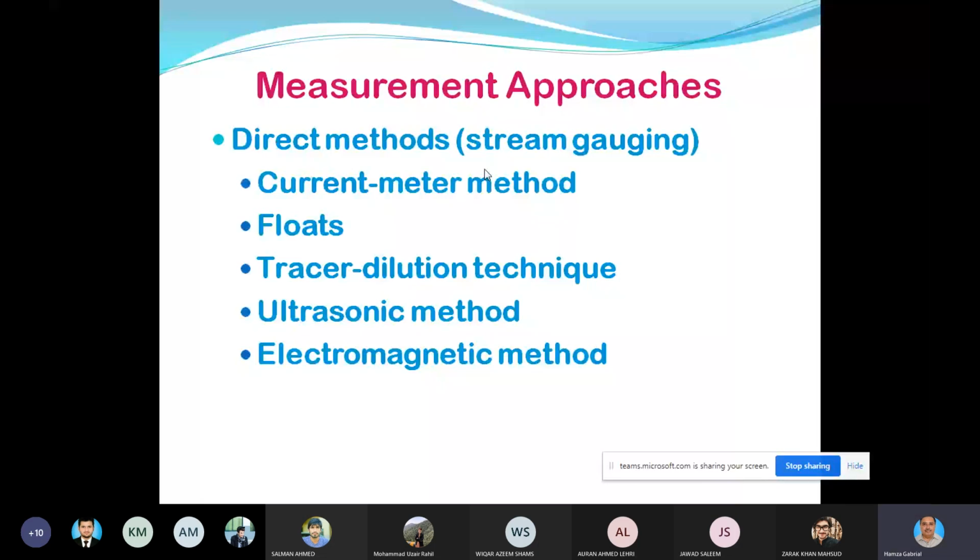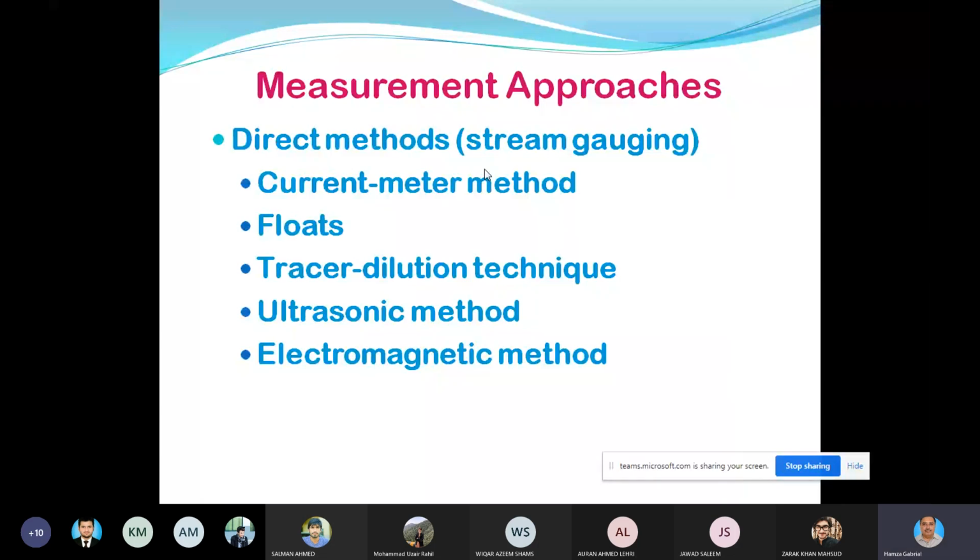And if you measure the velocity with the help of some instrument or device, then you just multiply by the given cross-sectional area and you find out the discharge by using the formula Q is equal to VA. So for velocity, one of the devices which is used is the current meter.